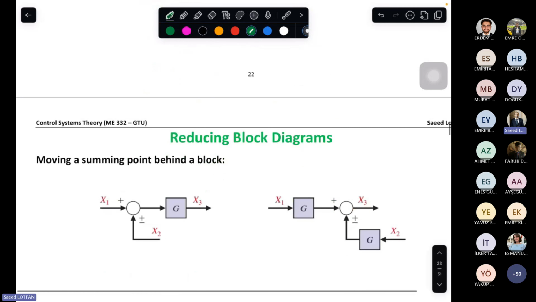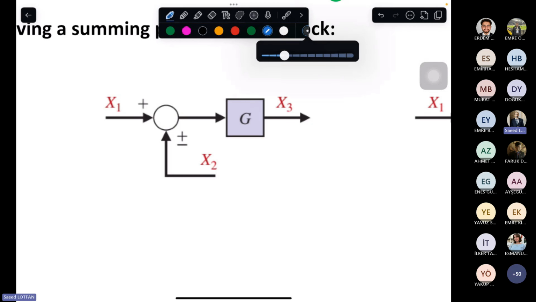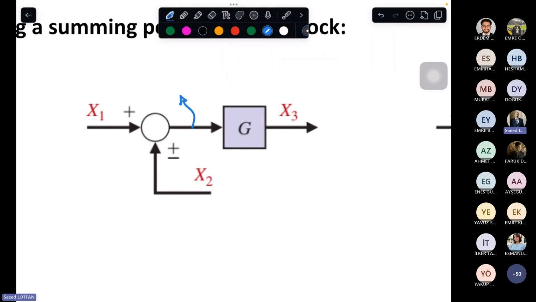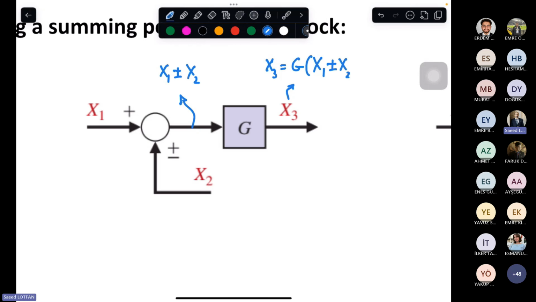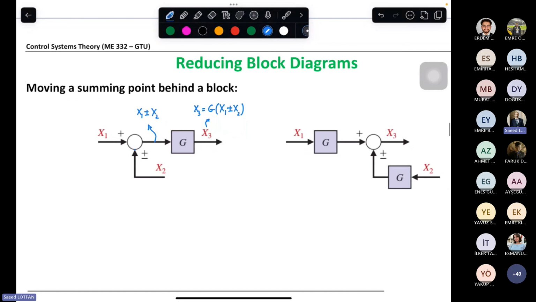If we go to another example, let's see what the signals are here. This signal here is X1 plus minus X2, so X3 is equal to G multiplied by (X1 plus minus X2). Now, if I want to bring this summation from behind the block to this part, what happens?